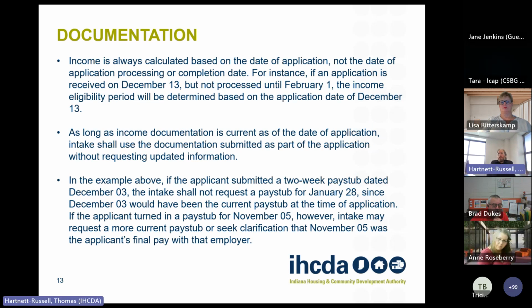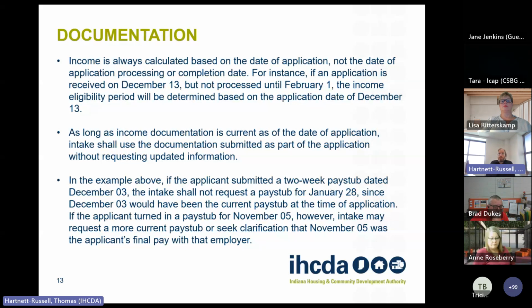When you are documenting the income, remember that income is always calculated based on the date of application, not the date of application processing or the application completion date. For instance, if an application is received on December 13th but is not processed until February 1st, the income eligibility period will be determined based on the application date of December 13th.